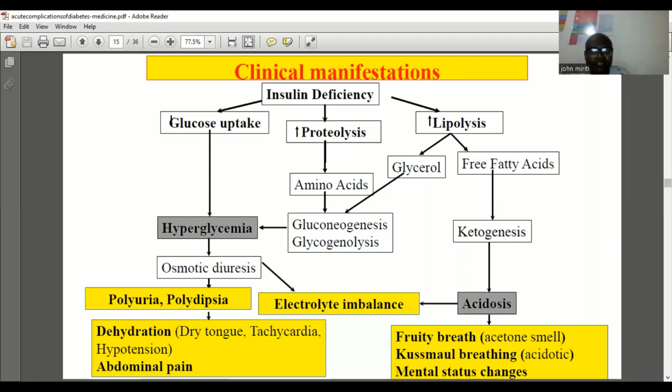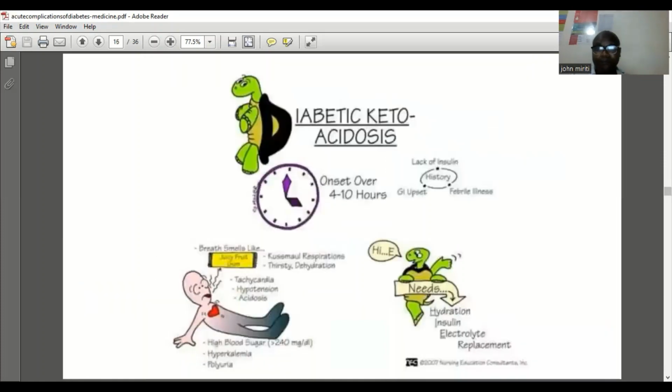The patient will have acidotic breathing, which is called Kussmaul breathing, and an altered mental status because of increased intracranial pressure. Fluid enters the brain by osmosis because the sugar has entered, so the fluid has to go there to dilute it. So there is increased intracranial pressure.